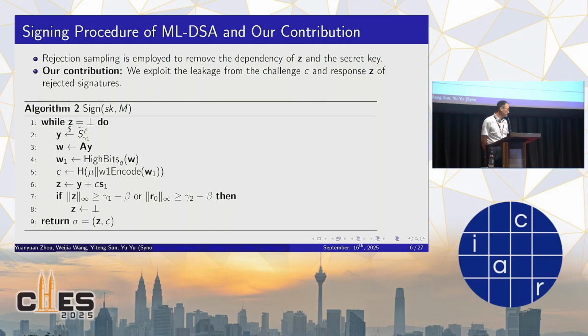These rejected signatures will not be output from the sign procedure. But what we want to do is exploit the leakage from the rejected signatures to recover the secret key s1.